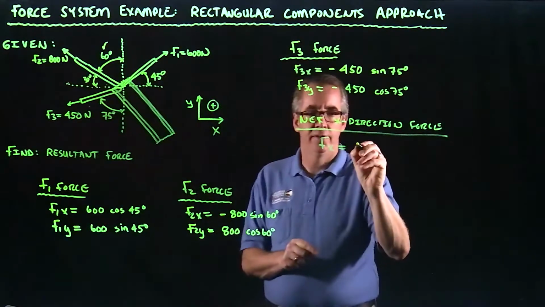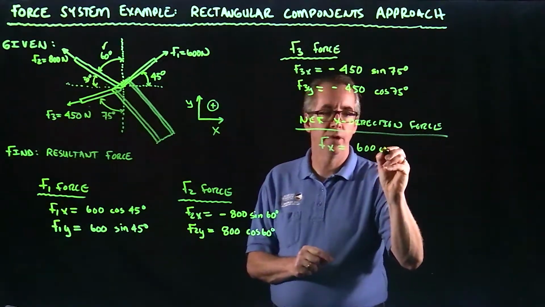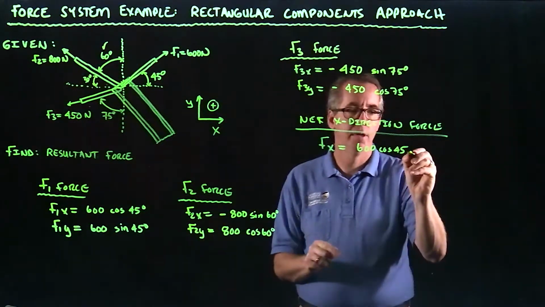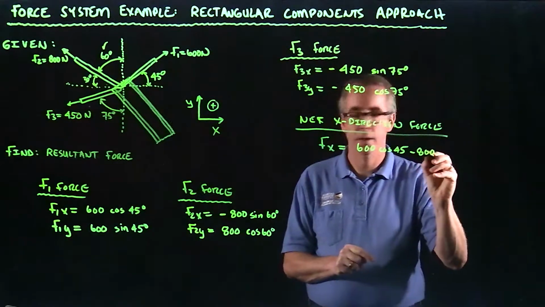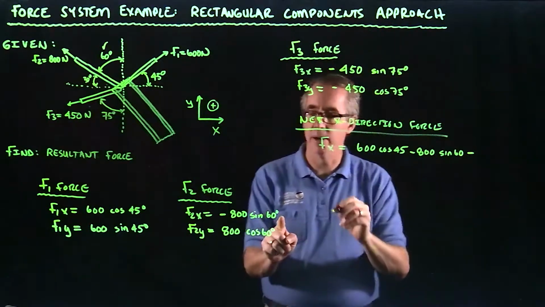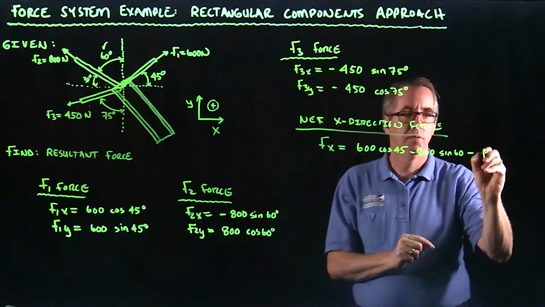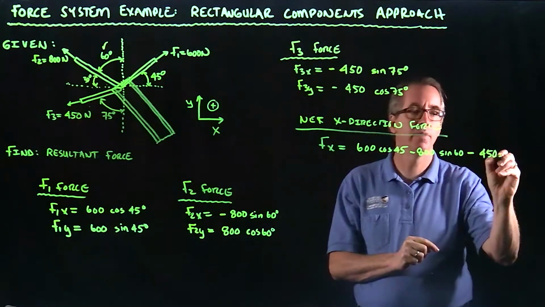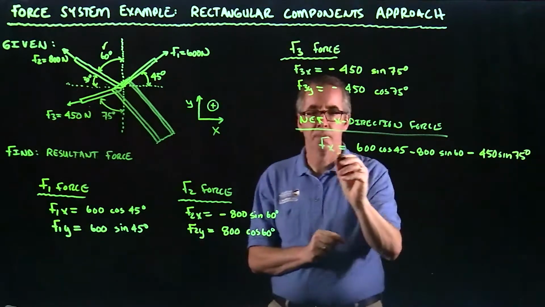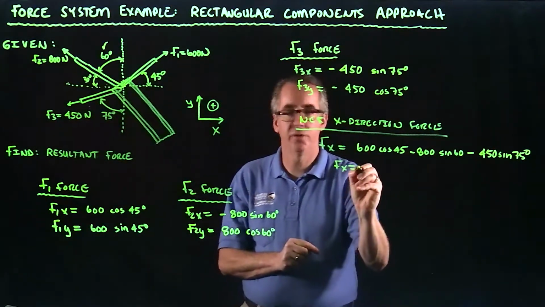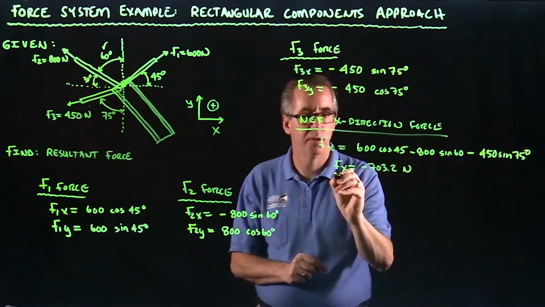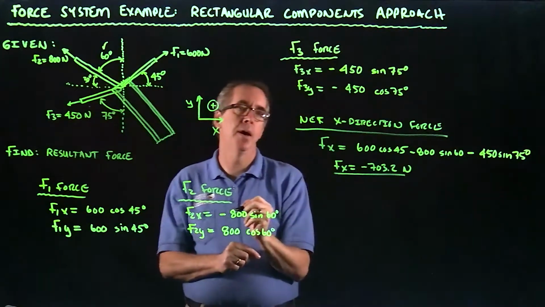So I've got 600 cosine 45, from there, minus 800 sine of 60, okay, from here, and then minus 450, that's right, sine of 75. Okay, that gives me a net force in the x direction of minus 703.2 newtons. I'm just going to underline that for now.